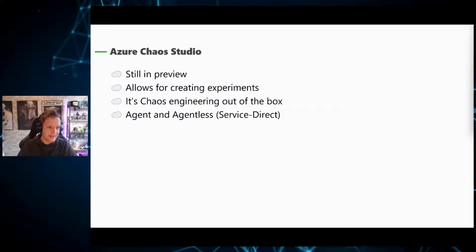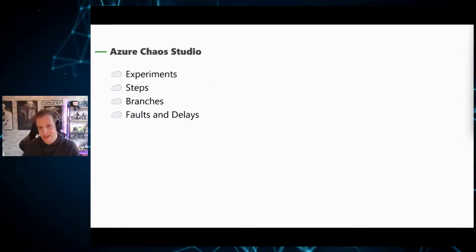Yeah, it's that easy. So within Chaos Studio, before we jump into the demo, I already mentioned experiments. So you will create an experiment that will perform certain steps within a branch, and you can add faults and delays. So within an experiment, you can have one or multiple steps, and the steps are basically a group of different actions.